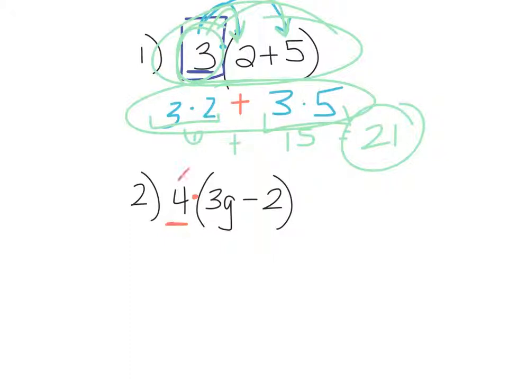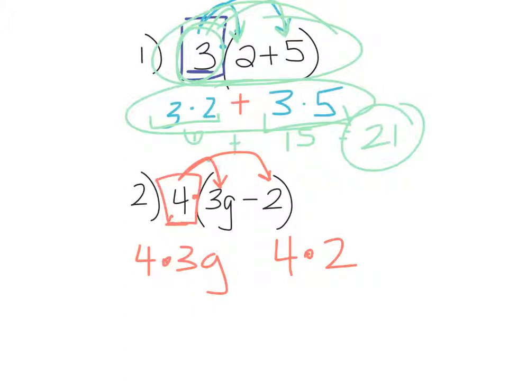So we share the 4 with the 3G, creating the expression 4 times 3G, and then we share the 4 with the 2. It's always important to remember to share the number in front with everything inside the parentheses, not just the first number, not just the second number, but both numbers.